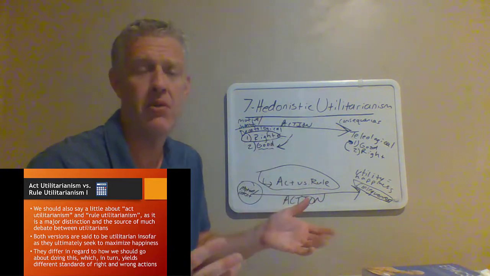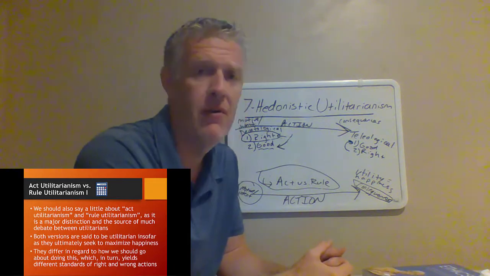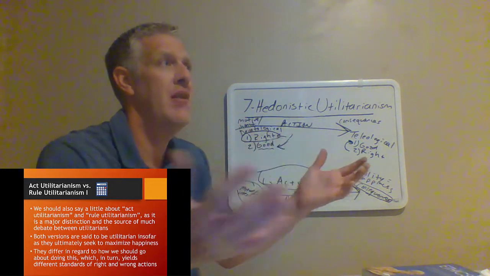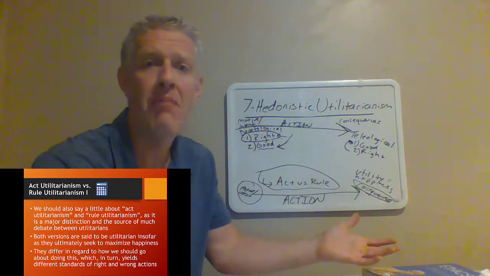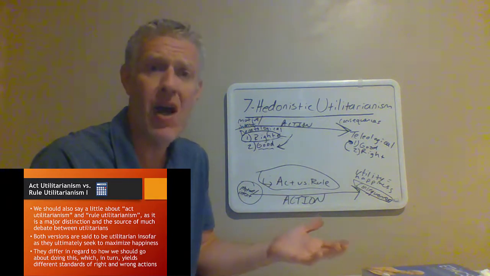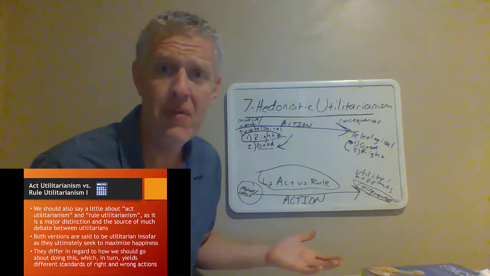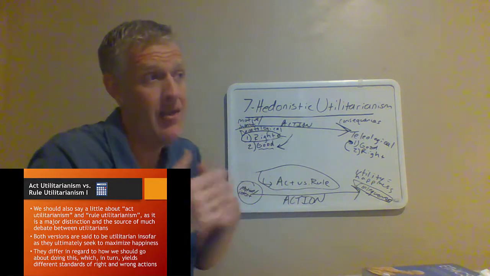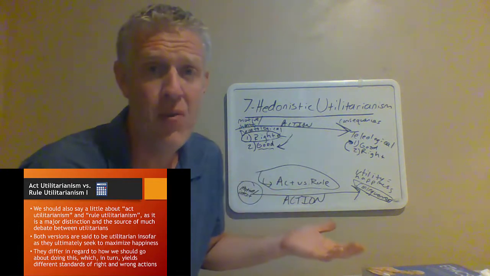How feasible is it to require of moral agents, of people, that they go around making these seemingly very complicated calculations all the time? I mean, remember back in lecture 1, I tried to make the argument that in some sense we're facing a moral dilemma every waking moment of our lives.